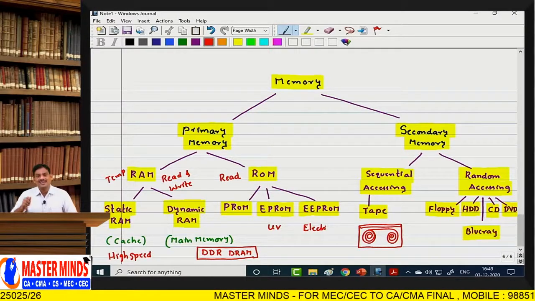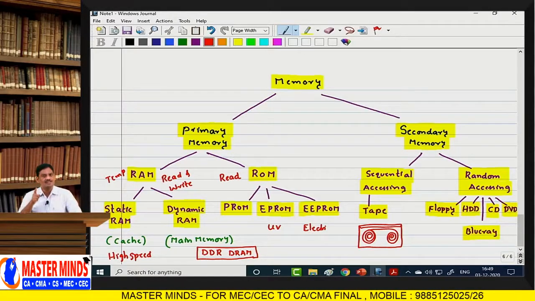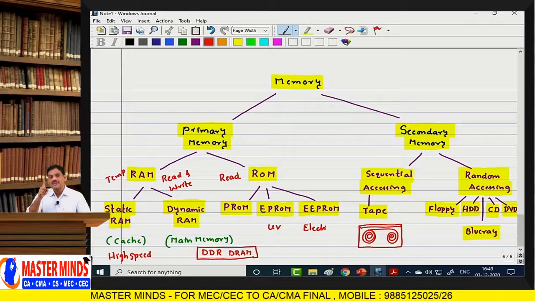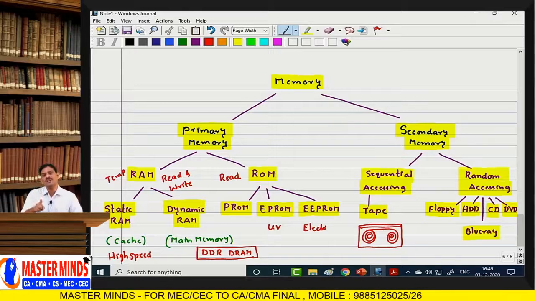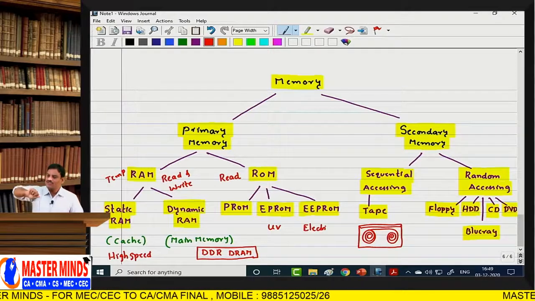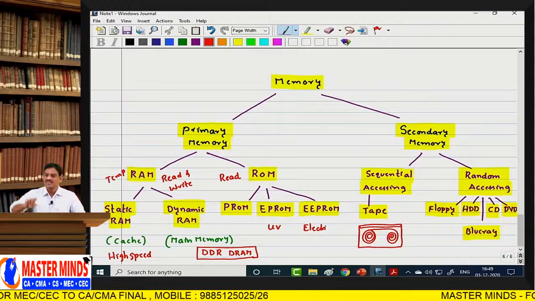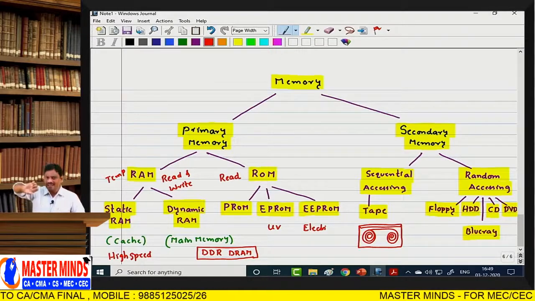Previously we used to have a television set that consists of channels in terms of numbers. If you are at channel number 1, the time taken to move from channel number 1 to channel number 7 is different, channel number 2 is different. If you move the knob to channel number 2, you can watch channel number 2. 3, 4, 5, 6, 7, 8, 9, 10, 11, like that we have a knob.